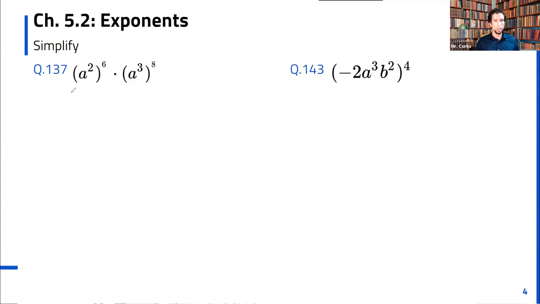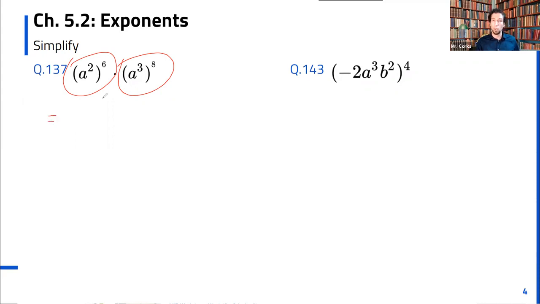So the one on the left, first we'll take this thing and this thing. What's the rule that we have here that would let me simplify each of these separately? First, we have to multiply the exponents of the first part.